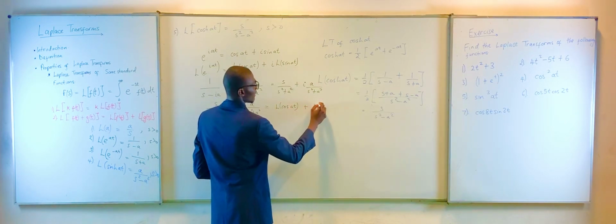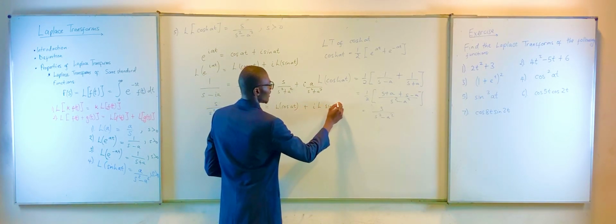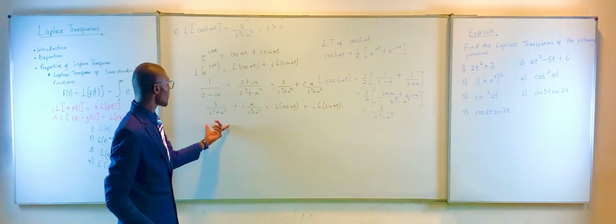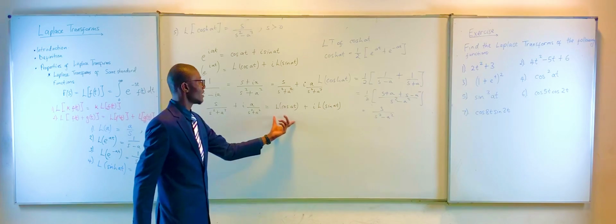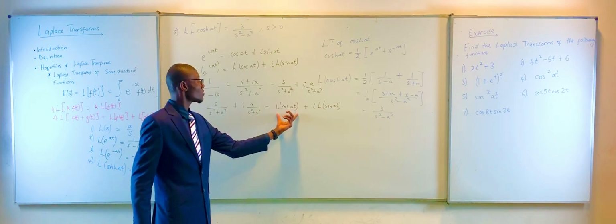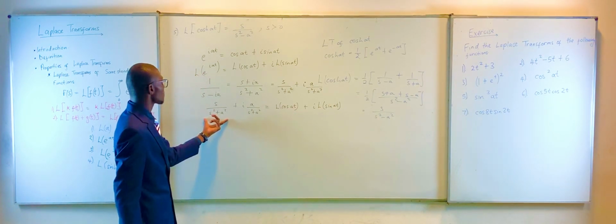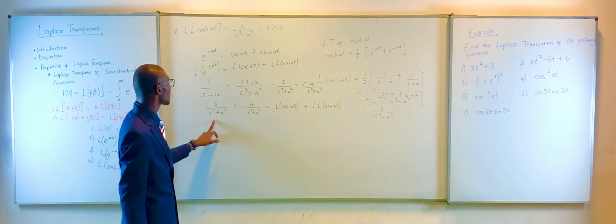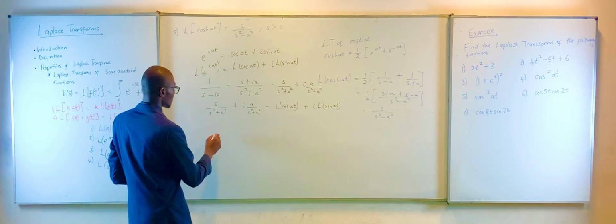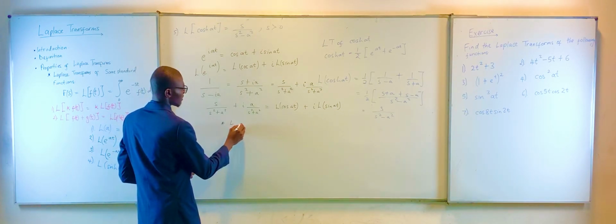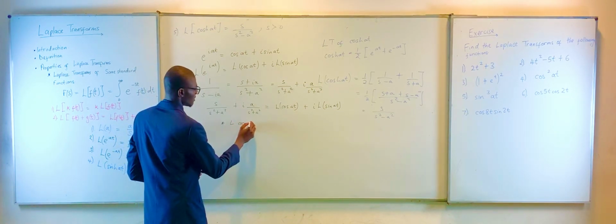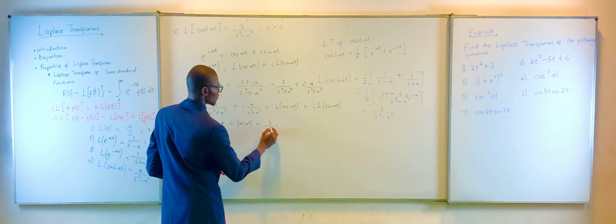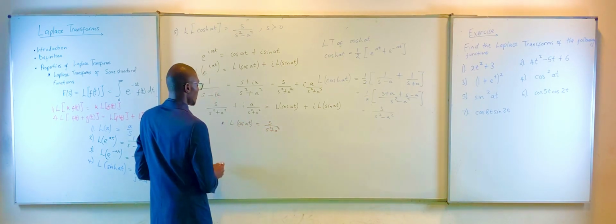plus i Laplace of sin at, such that now comparing the real parts, we see that the Laplace transform of cos at is equal to s over s squared plus a squared. So we say that the Laplace of cos at is simply equal to s over s squared plus a squared.